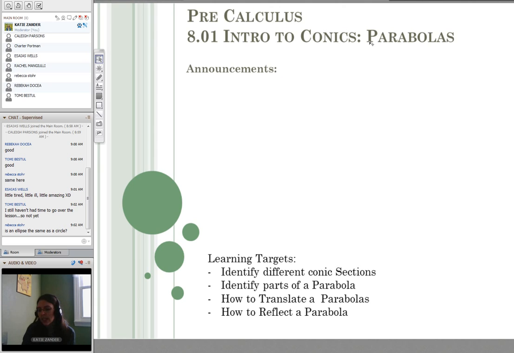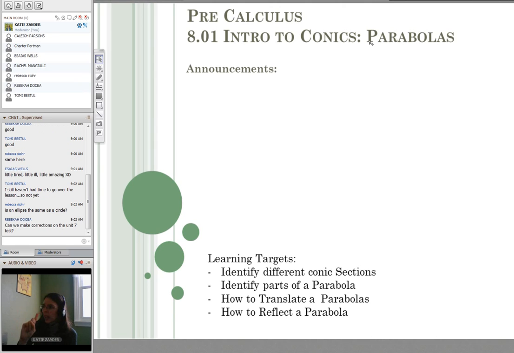An ellipse is similar to a circle, but it's not the exact same thing. A circle will have a radius that never changes, so you're going to have the same distance all around from the center, but with an ellipse, you won't. There will be a major axis and a minor axis to your ellipse.